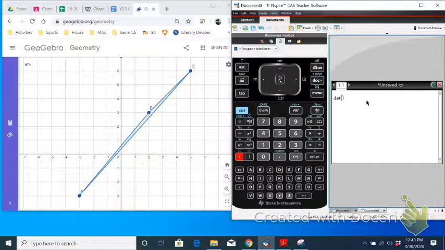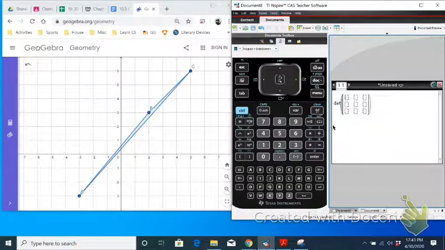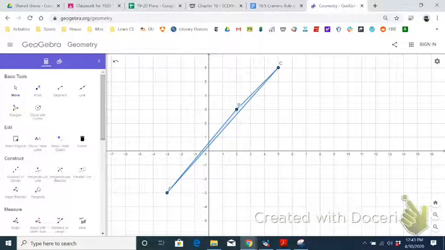So the determinant of a 3 by 3 matrix where I plug in these 3 points: 5, 6, 1; 2, 3, 1; and -3, -3, 1. And since we get a number that's not 0, that means that these 3 points are not on a straight line.